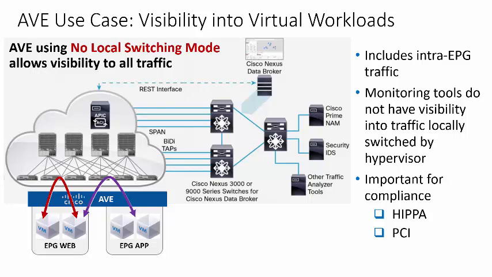So the AVE use case gives you visibility into virtual workloads, so I can see what's actually going on. It includes intra-EPG traffic. Monitoring tools do not have visibility into traffic locally switched by the hypervisor, so that's important for compliance for HIPAA and PCI.